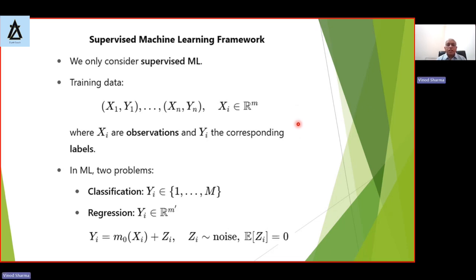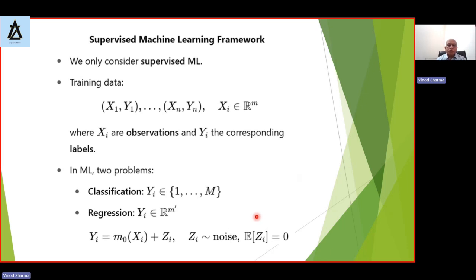Starting with this training data, we train the machines, which is called machine learning. Two traditional problems in machine learning are classification, where the yi belong to a finite class, which we will denote by yi belonging to 1 to m. The other is the regression problem, where yi may actually take values in real vectors R^m'.